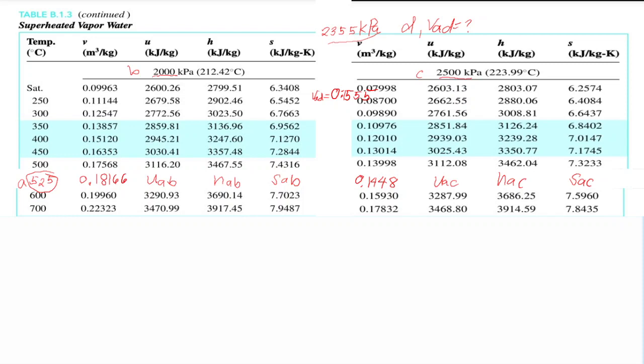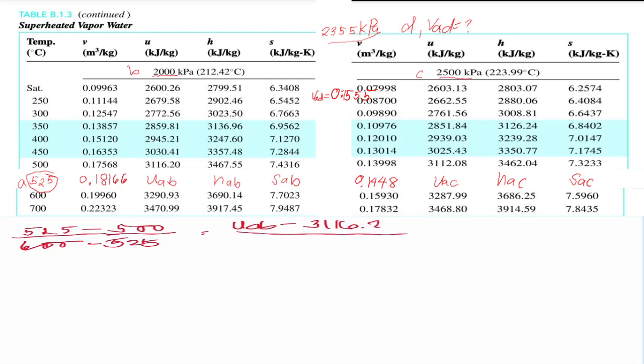So we say 525 minus 500 over 600 minus 525 is equals to UAB minus 3116.2 all over 3290.93 minus 3116.2.